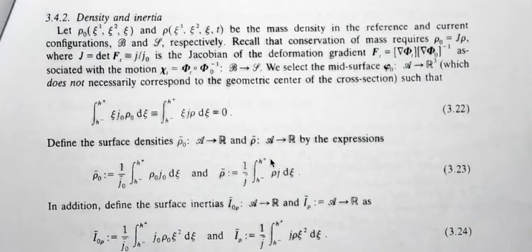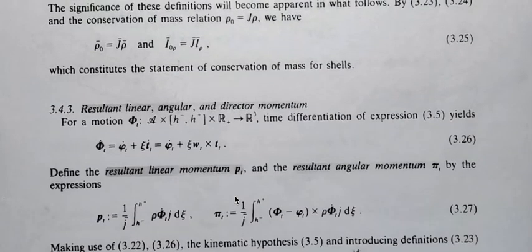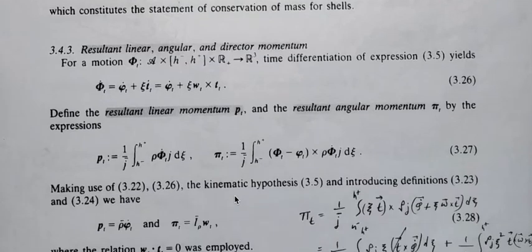Here is a small discussion about the density and inertia terms and how they are averaged out over the thickness direction through integration through thickness, and then they are used to write the resultant linear, angular and director momentum. So we have a time differentiation of the phi map, and this is all what we get.